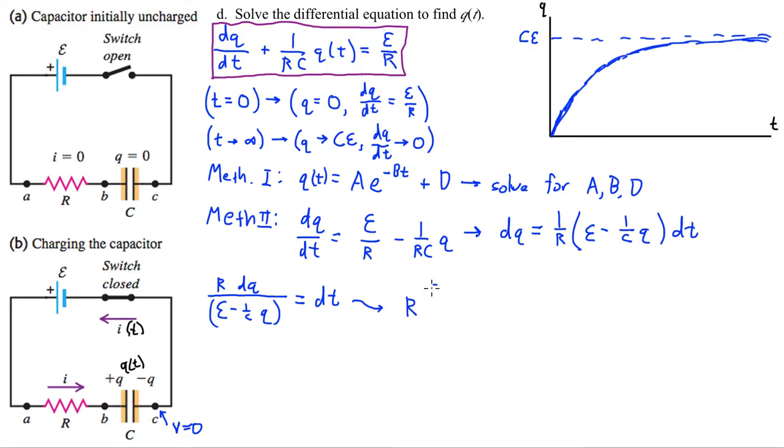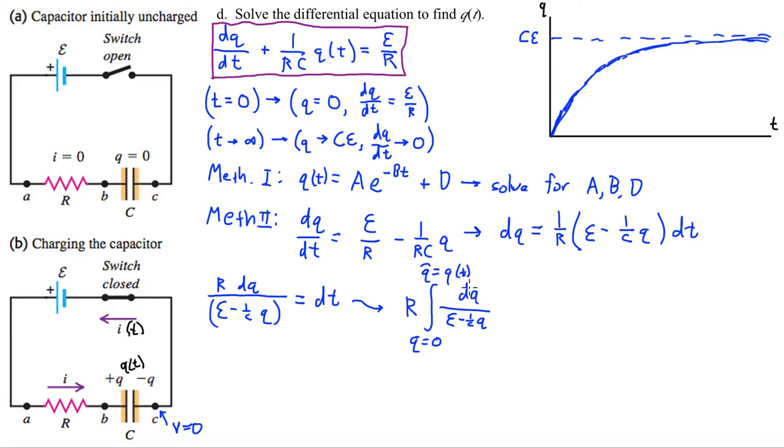So R, and I'm going to integrate dq over EMF minus 1 over c times q, and I'm going to go from q equals 0 initially to q equals q as a function of time, to do this properly.